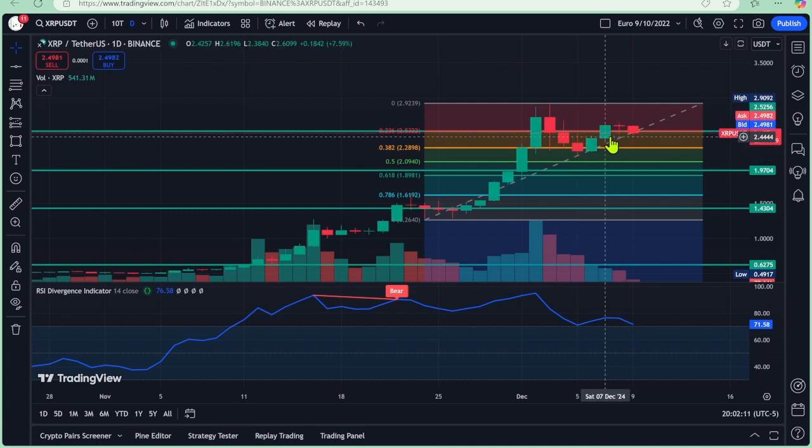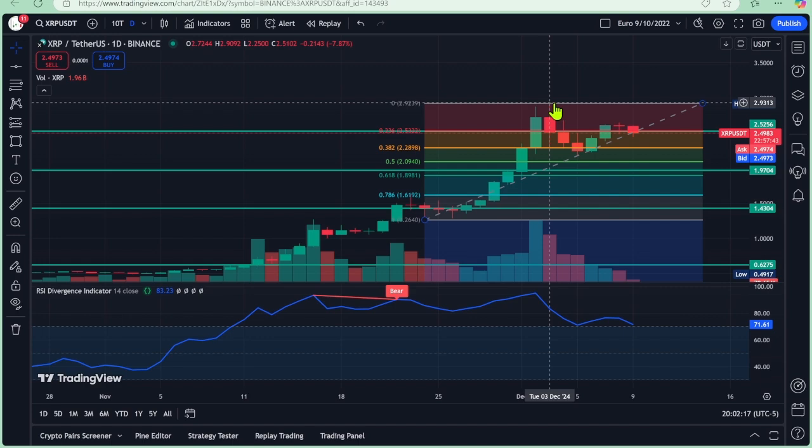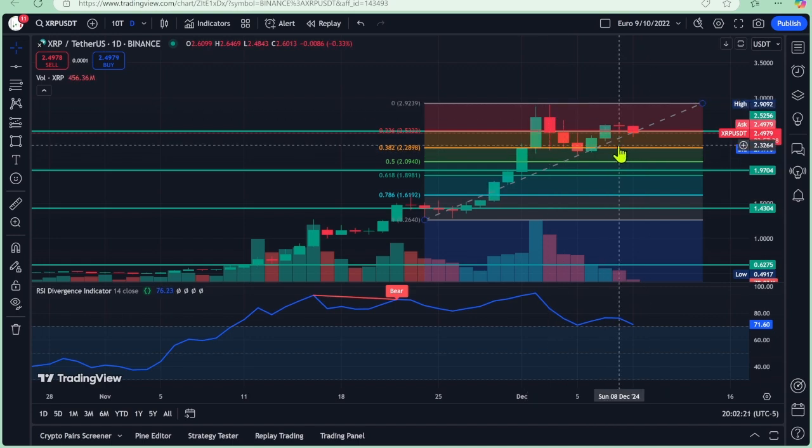But it lost steam before it could get back above this point right here, at least momentarily, because we had this day which was a down day, but it was more an indecision day. It closed almost where it opened, but it spent most of the day downward. But by the end of the day, the buyers came in, pushed the price back up to where it opened. And so this was an indecision day.